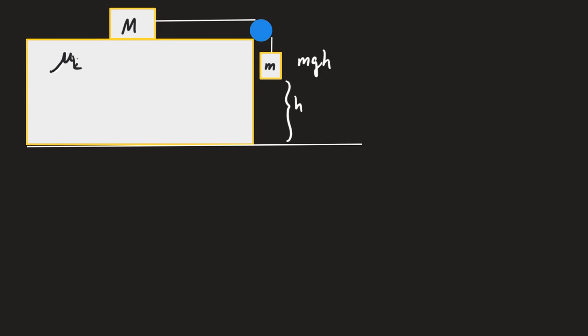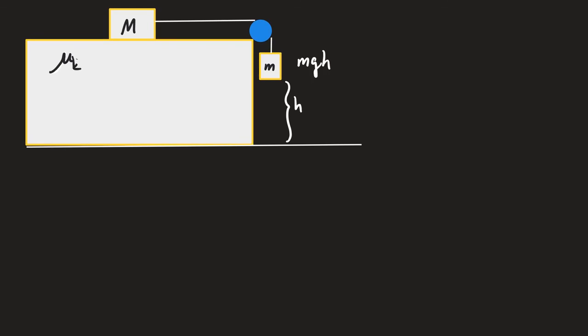suggesting that the box at the beginning of this problem has energy, mgh. I believe at the end of this problem, both boxes will be moving. Because at the end, the first box on the table will be pulled to the right and will have some velocity now, given to it by the fact that the box that's falling has been pulling on it. So my belief is that both boxes will have kinetic energy as the box off the table slides to the ground.